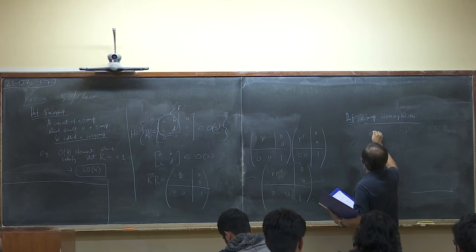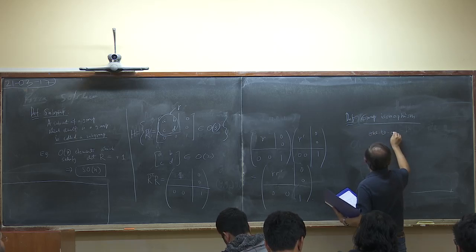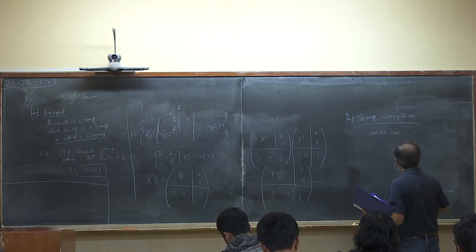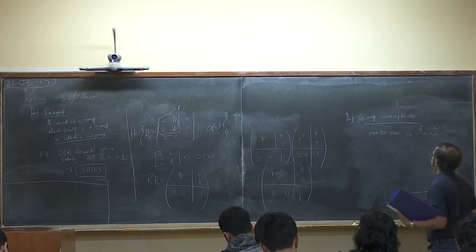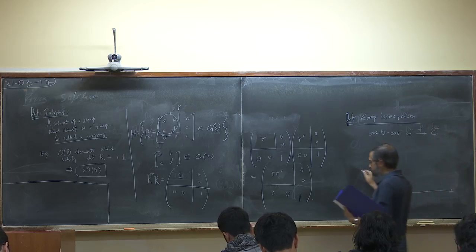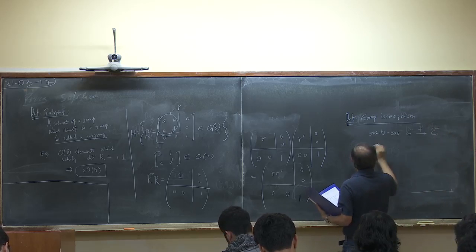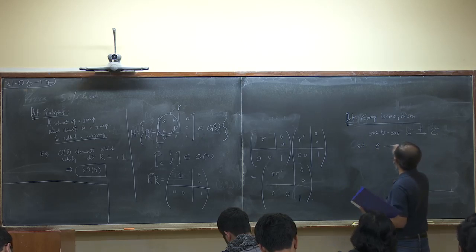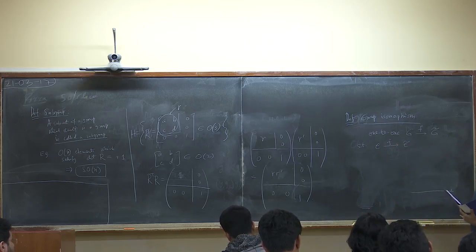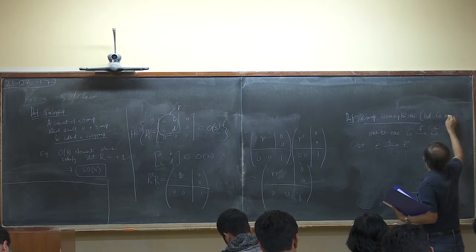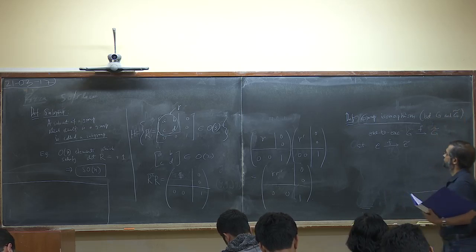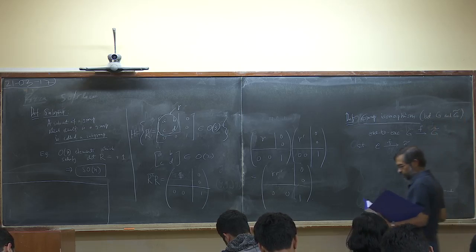It is a one-to-one map between two groups, where the identity of G maps to the identity of G tilde. So that's property number 1.